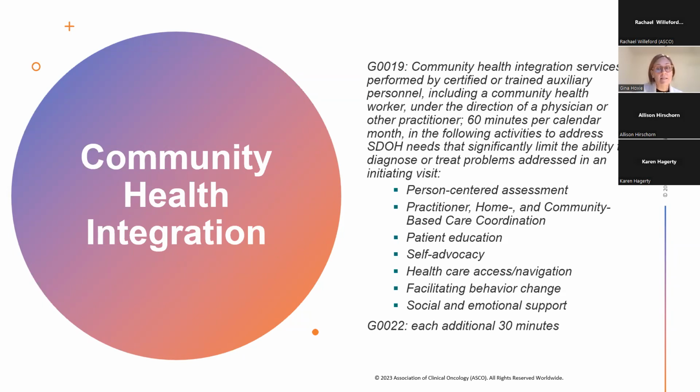They facilitate access to community-based social services. They provide social and emotional support to cope with whatever need they have. And then they also establish a plan through a person-centered assessment. So the first code is G0019. This is for 60 minutes. And then G0022 is for each additional 30 minutes. Next slide, please.